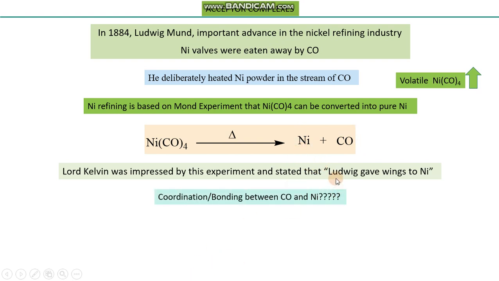Now, this was not easy to understand because carbon monoxide is a well established gas, it is very stable, it exists free in nature, and nickel itself is in zero oxidation state. It is not easy to understand why nickel in zero oxidation state reacts, because it is normally inert.